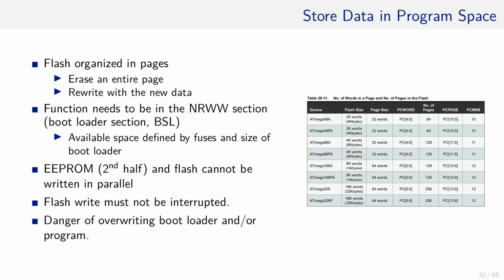For instance, the page size for the ATmega328P is 64 words. A word is a 16-bit long entry. Hence, 128 bytes need to be erased before any of them can be updated.